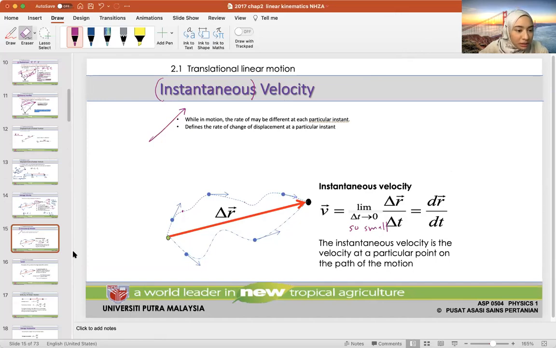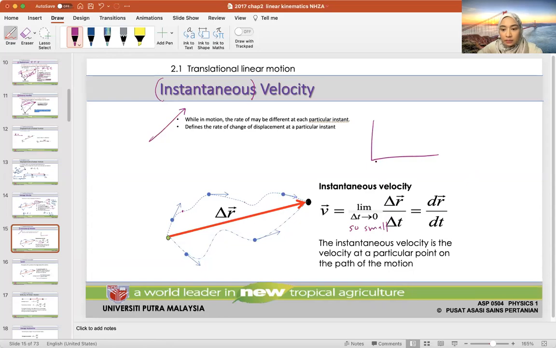Oh, okay, sorry. Doktor, DRDT tu kena buat pembezaan ke? Oh, okay. Sorry, saya tak perasan soalan tu. Okay, so if you look here, it says delta R over delta T is equal to dR/dt. Pembezaan tu differentiation kan? Okay, boleh kalau ada graph.